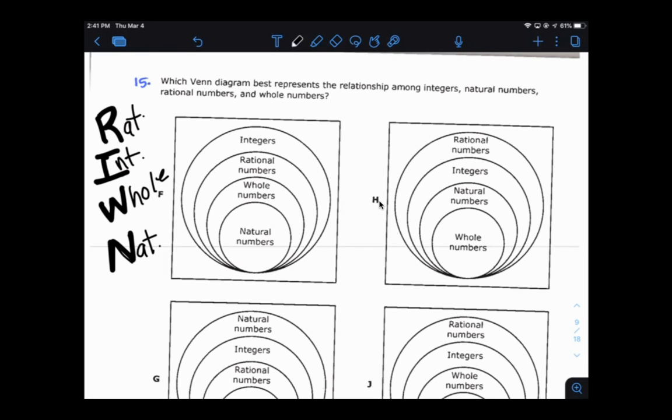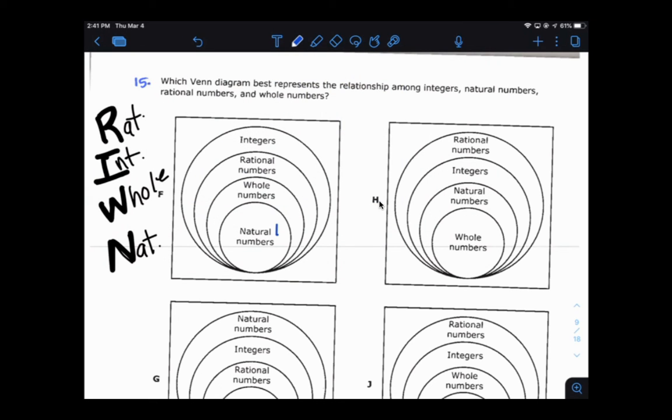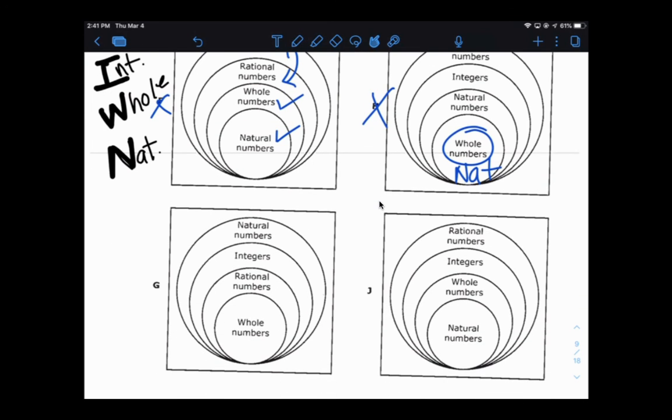So here we go, okay, let me use blue. I have natural numbers, check. Whole numbers, check. And then, ooh, look at these two. They're backwards. So letter F is wrong. Then H here. Whole numbers, no. We're supposed to start with the natural numbers. You're out. Then it says start with natural numbers, and here the first one is whole numbers.